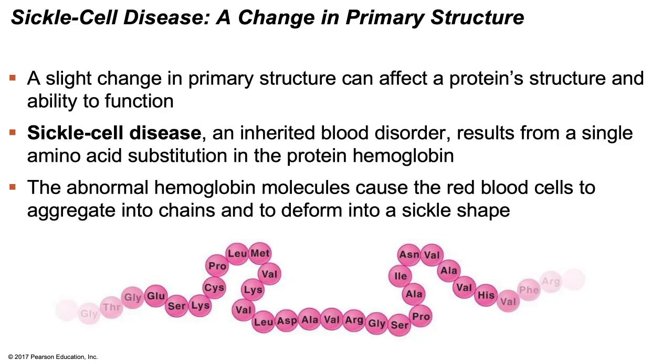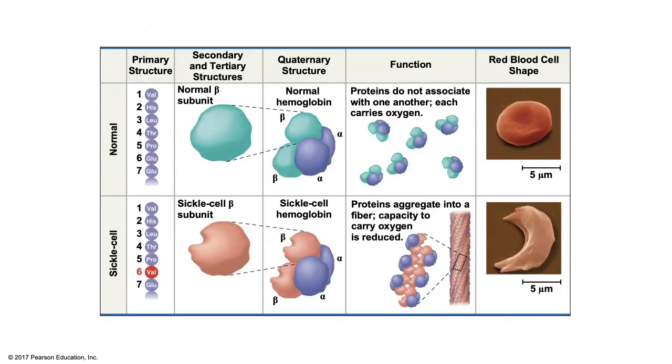For example, sickle cell disease is an inherited blood disorder that results from a single amino acid substitution in the protein hemoglobin that we just saw in the last slide. In this table, you can see the normal primary structure of hemoglobin and the mutated sickle cell sequence, which is only off by 1 amino acid, which is pictured here in red for you.